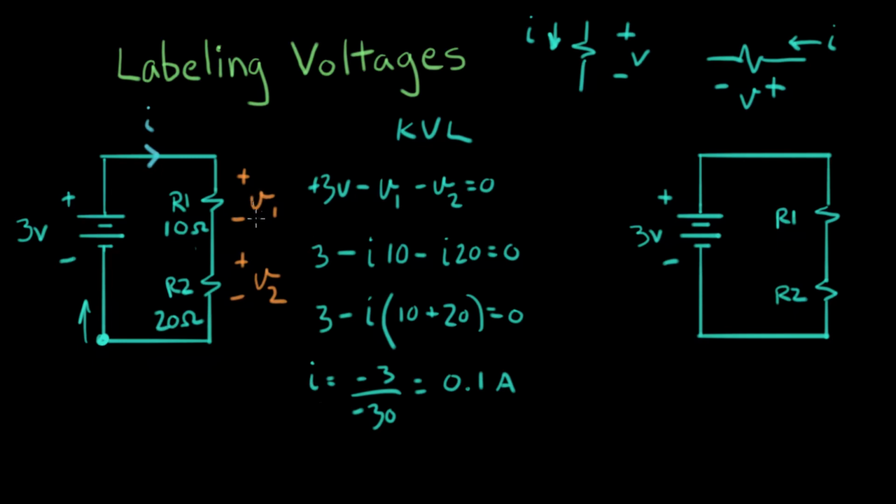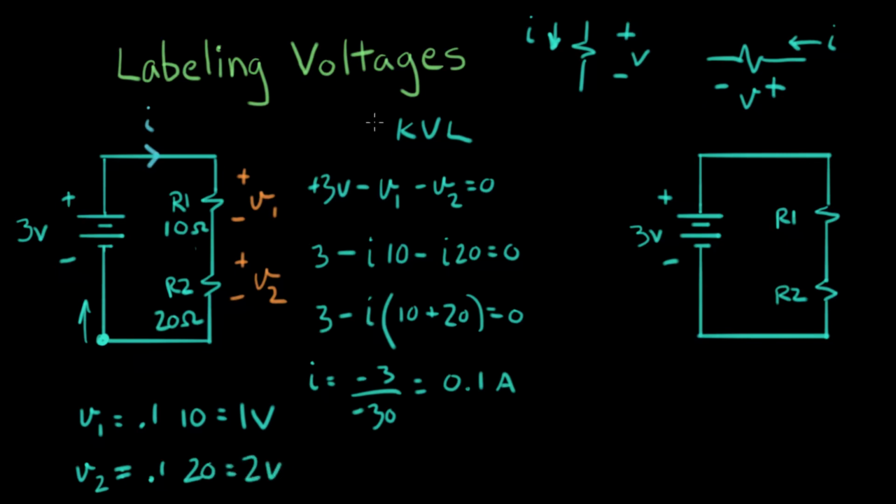So we solve for I, and let's just pick out V1. Let's solve for V1. And we said earlier that V1 was I times R1. So V1 equals I, which is 0.1 amps, times 10 ohms, equals 1 volt. If we do it for V2, that equals 0.1 amps times 20 ohms, and that equals 2 volts.